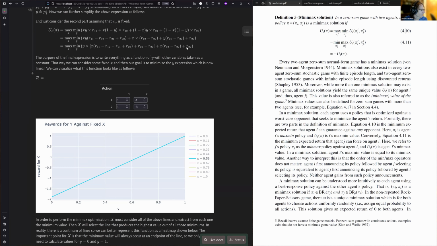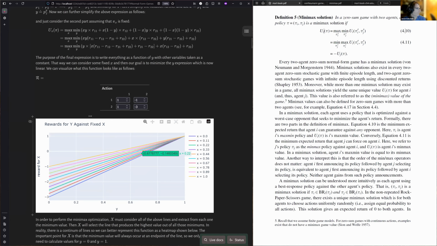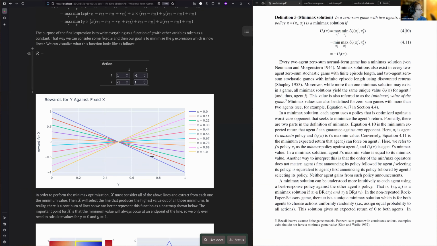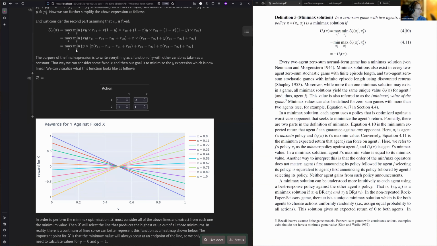So this inner expression is saying, choose the value of y that minimizes this, which is going to be y equals 0. Now, if you go back and look at all these lines, because of the structure of this, and that this is linear, the min over y is always going to be at one of these endpoints, y equals 0 or 1.